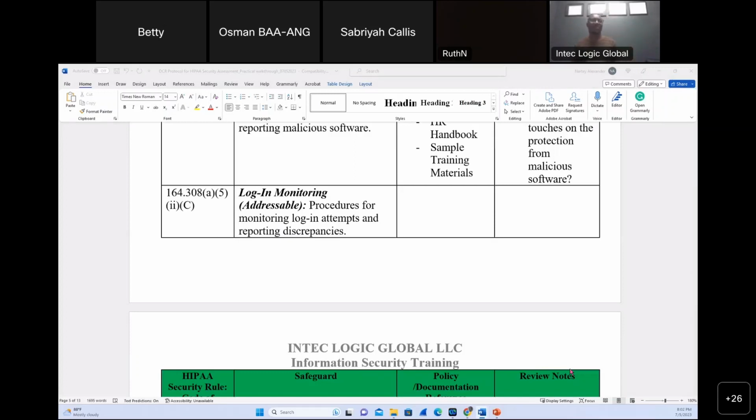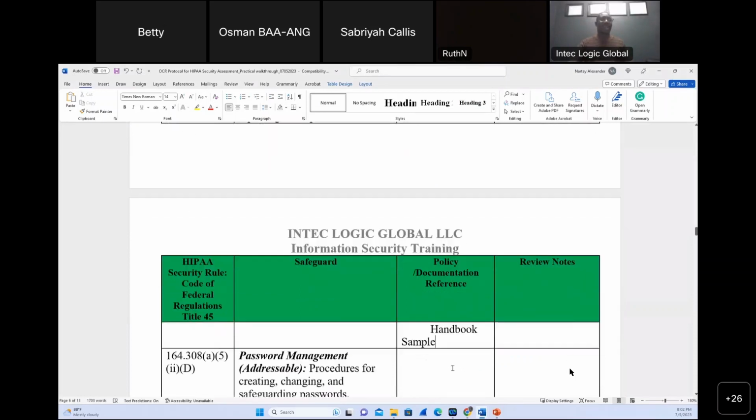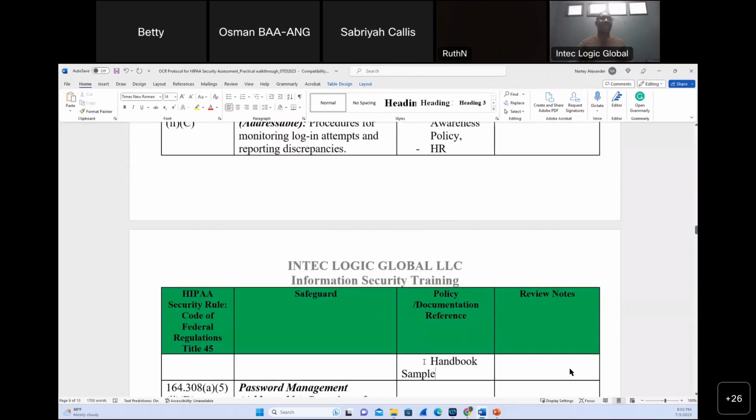Yes, Osman. The same security awareness policy. Yes, I agree with that. So this is telling you that sometimes one document can provide you the same information you are looking for. It could be just a security policy.